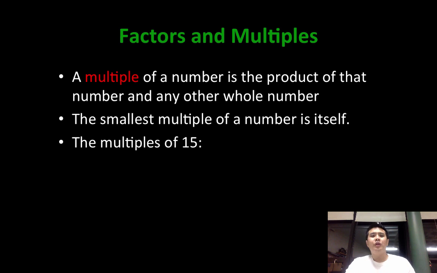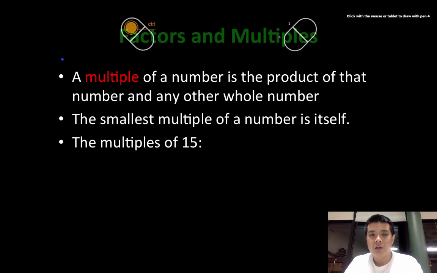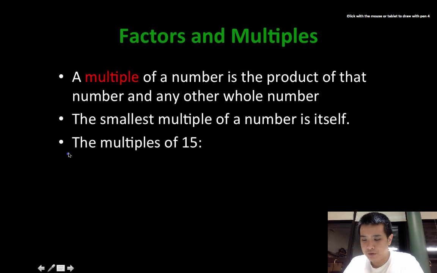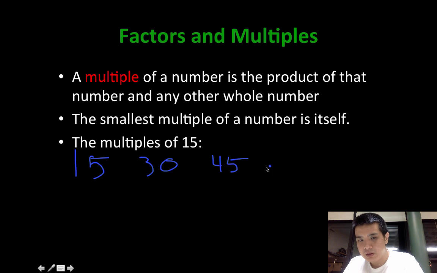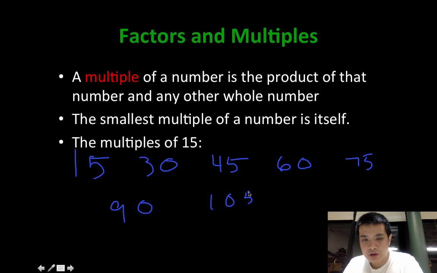Now, a multiple of a number is the product of that number and any other whole number. The multiples of 15 are going to be 15, 30, 45, 60, 75, 90, 105, and so forth. Notice how the smallest multiple of a number is itself.